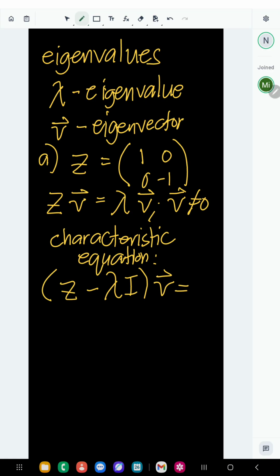Okay, and then your eigenvector, provided that your eigenvector is not equal to 0, you need to find the determinant. So you need to find the determinant of Z minus lambda times the identity equals 0. Okay, and this one gives the polynomial equation in eigenvalue, which is called the characteristic polynomial. Do you get it?